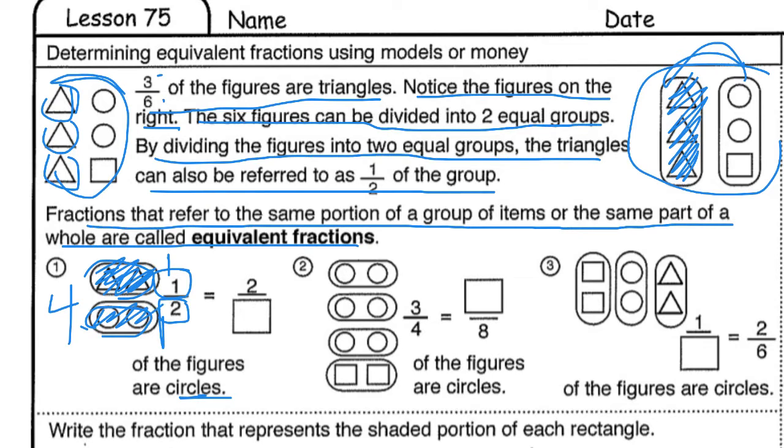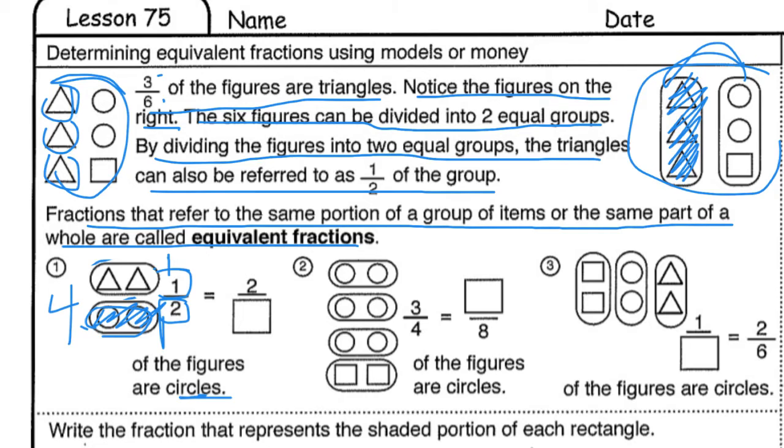Oops, I should have shaded that one instead. Let me erase that there. This is kind of fun. I get to use my eraser. So there we go. 1 out of the 2 groups that you see here are circles. So we'd say that 1/2 are circles.